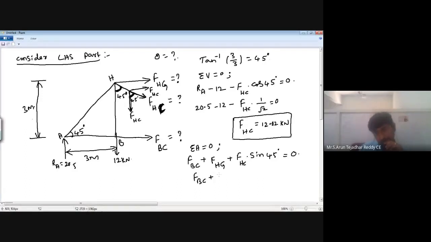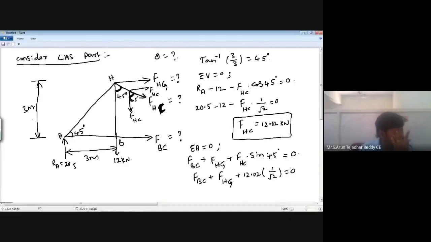FBC as usual. FHC means 12.02, and what about sin 45? 1 by root 2, is equal to 0.